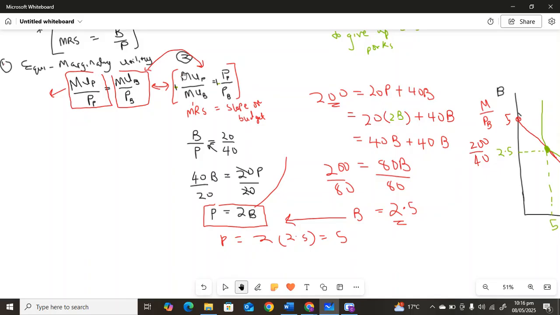In the tangent condition, you're just saying the slope of the indifference curve should equal the slope of the budget constraint line. And the slope of the indifference curve is the marginal rate of substitution, which is telling us how we can trade two goods whilst we maintain the same satisfaction.